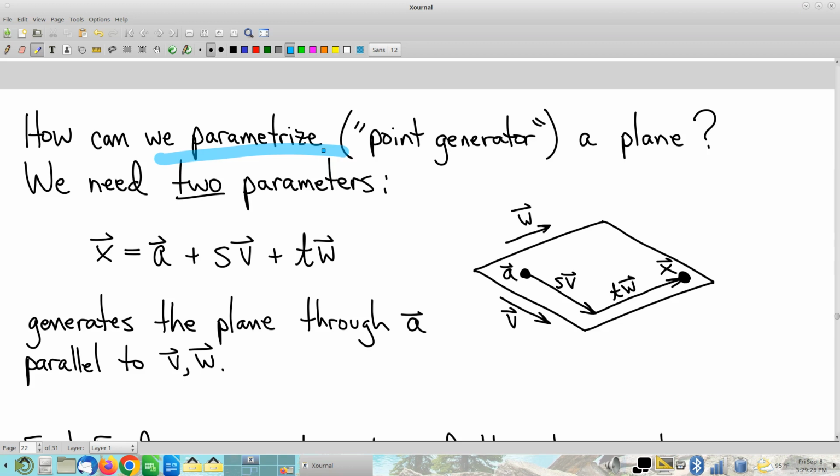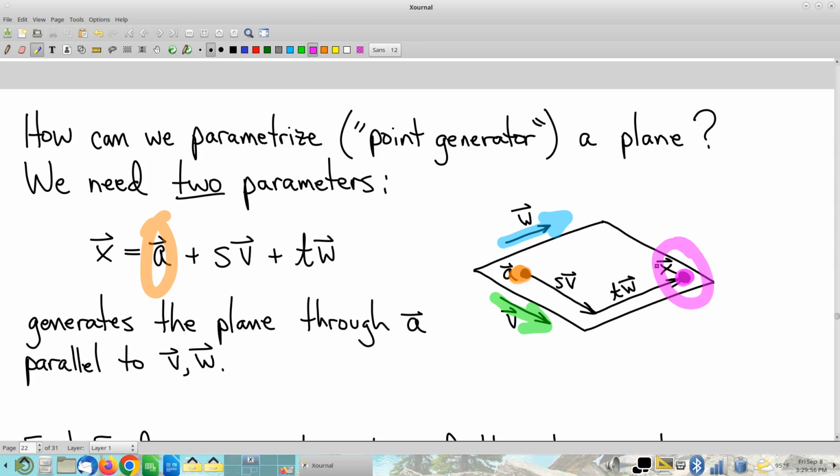It's going to turn out that two parameters works just fine, and here is how that works. Let's suppose that we know a point A, and a vector V and a vector W parallel to the plane that we're trying to parameterize. With these, I can generate any point X in the plane.